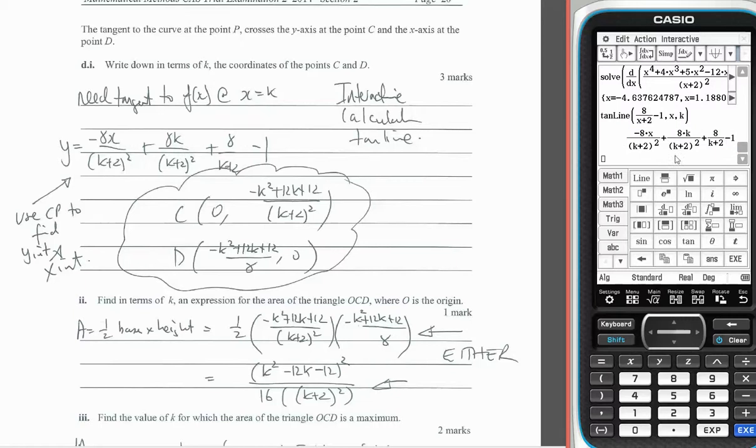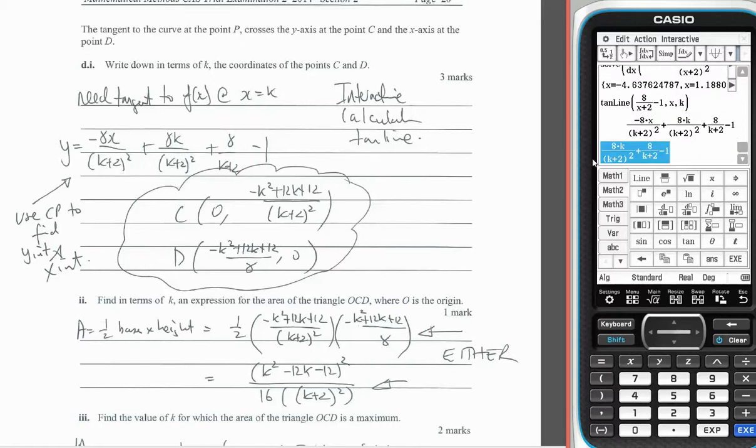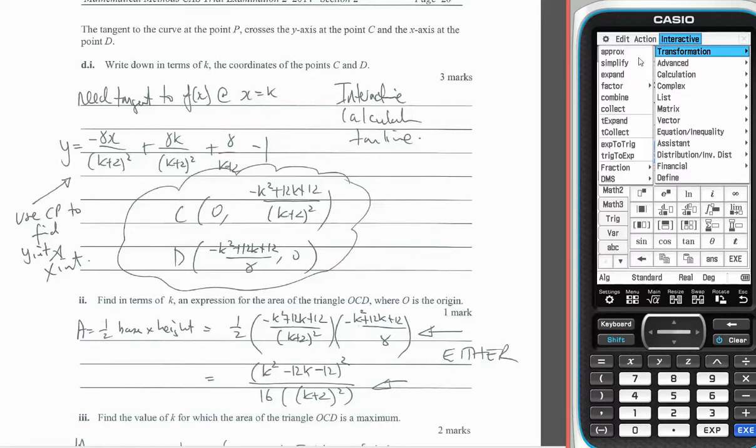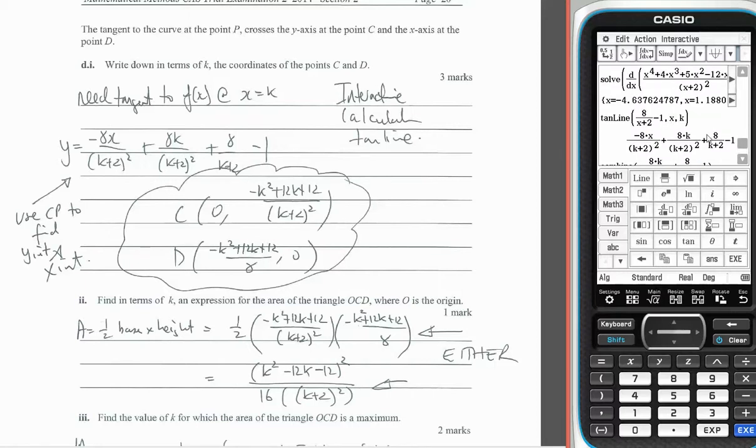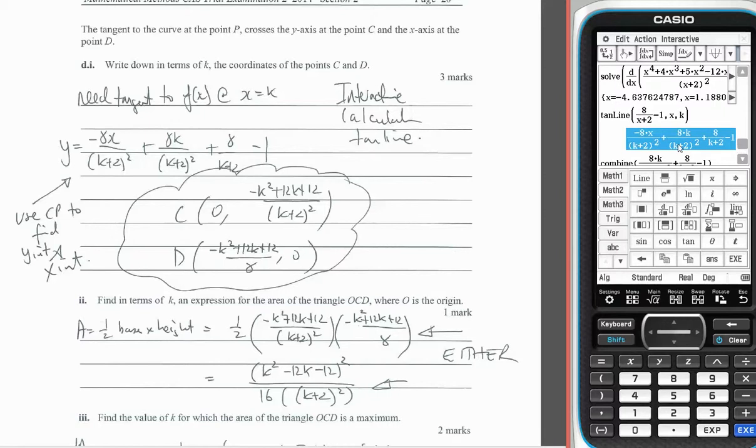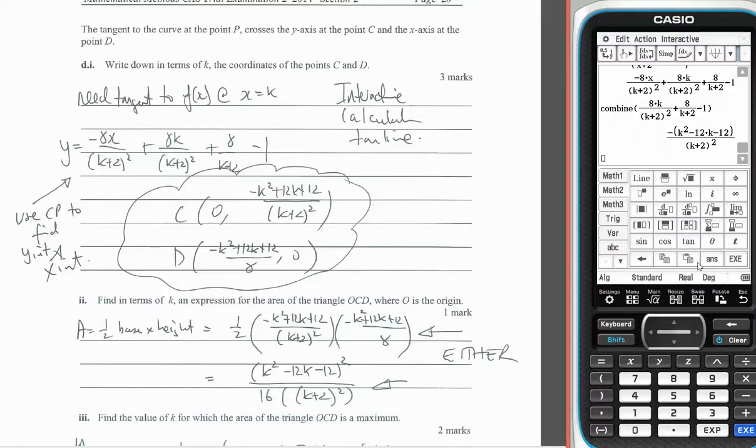Its y-intercept will be this, so point C is that. Now if I take that and go interactive, transformation, combine, that gives me this. And if I go back up to the tan line, notice there's an x there, so if I copy the whole equation and paste it, when that equals 0, that will give me the x-intercept.